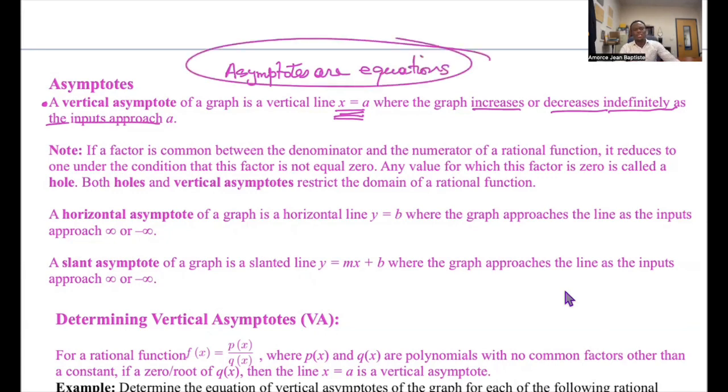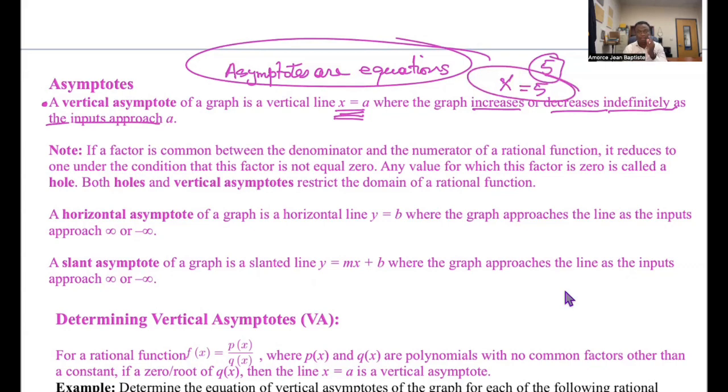The reason I say asymptotes are equations: if 5 is a value that makes the denominator of a rational function equal 0, like when you replace x by 5 in the equation, the denominator equals 0, then x equals 5 is a vertical asymptote, not 5. 5 is a number, x equals 5 is an equation.